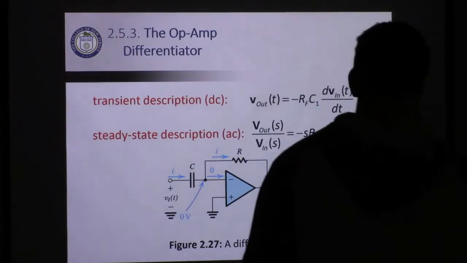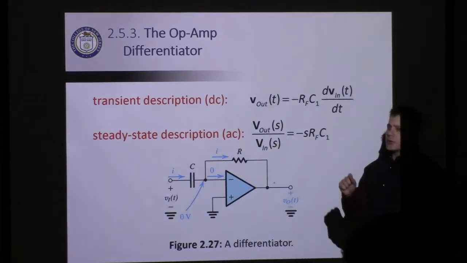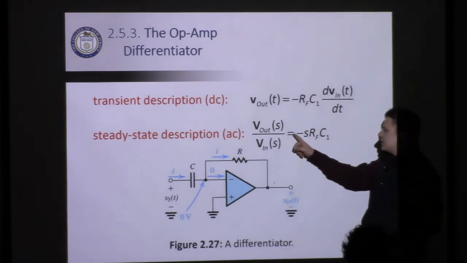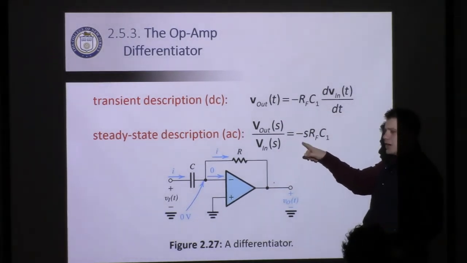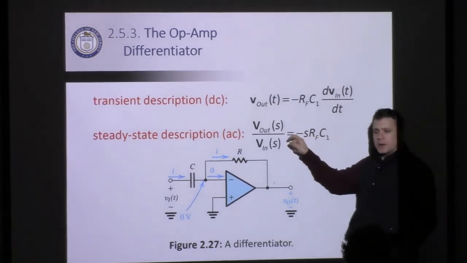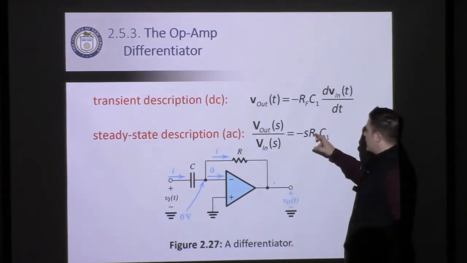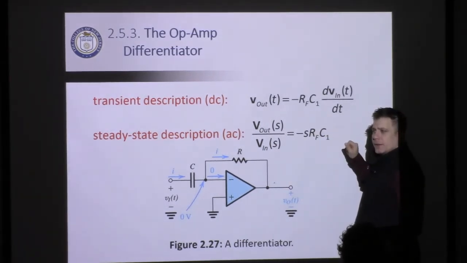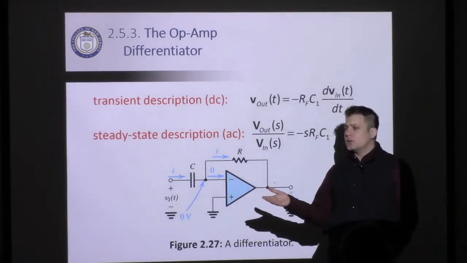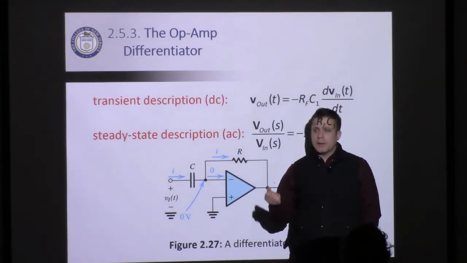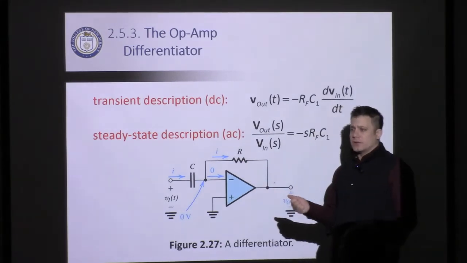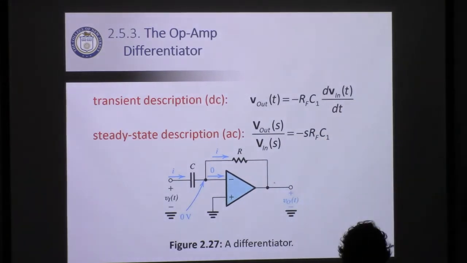The way that we find this value is we need to do the conversion between the rectangular and the polar form. Another way of saying this is we could say this is equal to 0 minus j times omega RC. So the real part is 0 and the imaginary part is omega RC. Now, anytime we only have a real or an imaginary component, that is by default the magnitude, but you could also use the Pythagorean theorem, right? Square root of 0 squared plus omega RC squared gives us omega RC. So that is the magnitude, as shown here.